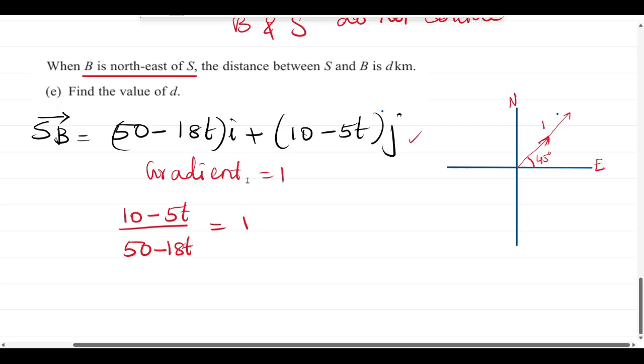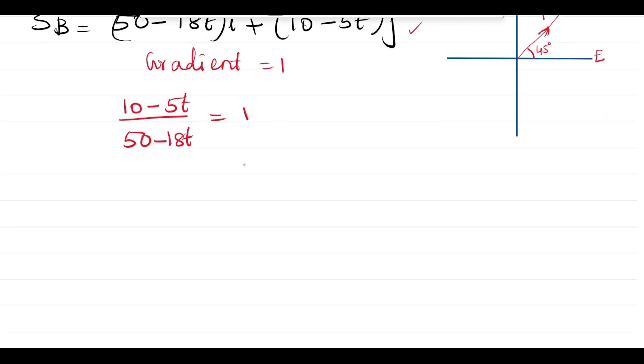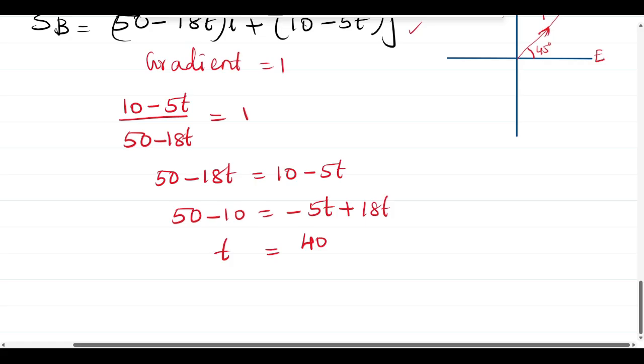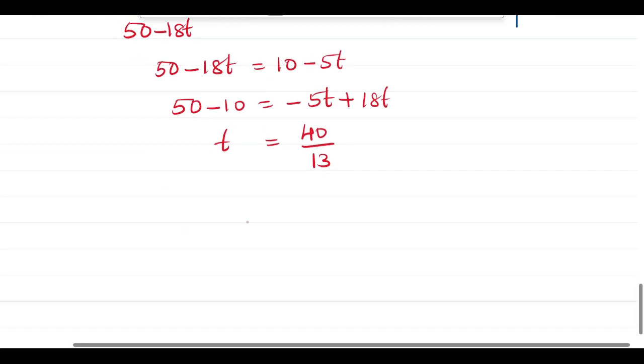By this calculation, we can find the time. So 50 minus 18t equals 10 minus 5t. So 50 minus 10 equals minus 5t plus 18t. So t equals 40 divided by 13.